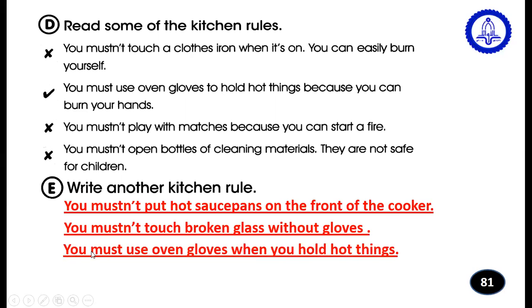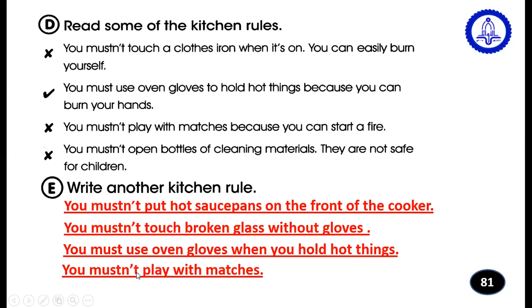Rule 3: you must use oven gloves when you hold hot things. فرق ما بين gloves القفازات وoven gloves قفازات الفرن. You must use يجب أن تستخدم oven gloves when you hold hot things عندما تحمل الأشياء الساخنة.